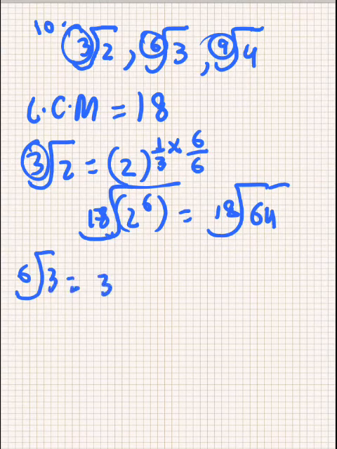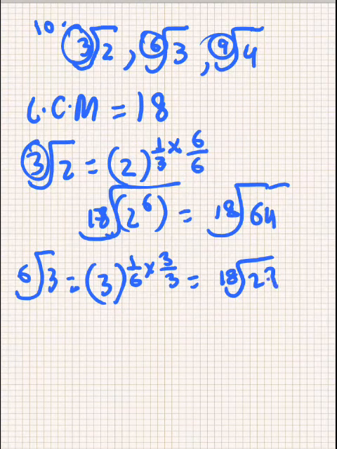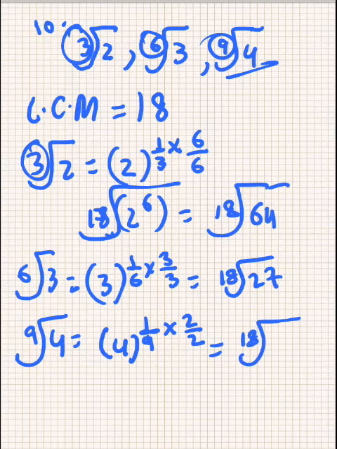After that, similarly we'll do this one. It's basically 3 raised to 1 by 6, so it will be multiplied by 3 and 3. So it will be 18 here, and 3 raised to 3 will be there, so it will finally be equal to 27. Now taking this, it is basically 4 raised to 1 by 9, right? Now we'll multiply it by 2 by 2, so that the third becomes 18. So 18 here, 4 raised to power 2, so it's 16.